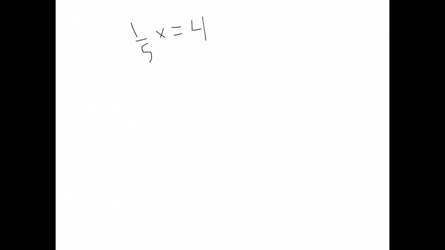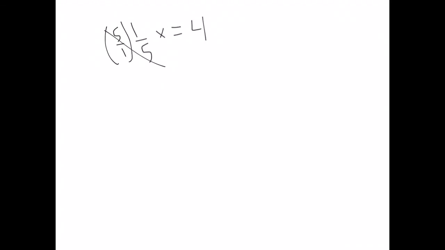Okay, so now we got 1/5 x equals 4. This one's all multiplying fractions. So we write 1/5, but we do its reciprocal. And its reciprocal, you just flip both numbers. So 1/5, 5/1.